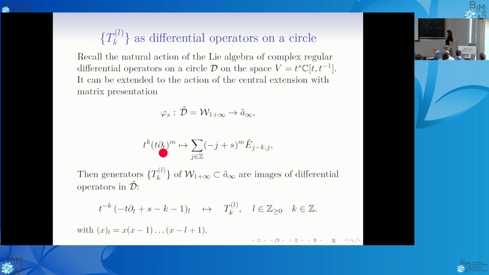If we want to write down how an element of the basis acts on this vector space, then it will be represented by this kind of matrix. And in this presentation, the coefficients of our formal distribution T_L(u) of our other definition of W1 plus infinity will correspond to these differential operators. So this is how two definitions are connected.